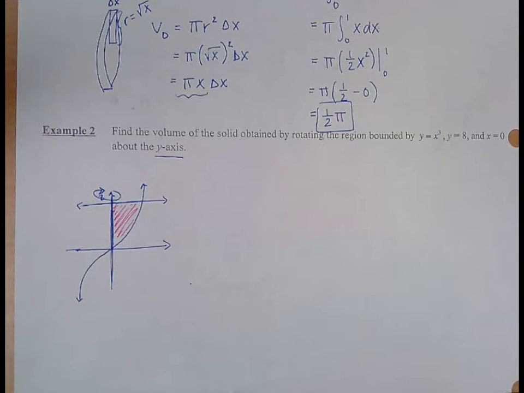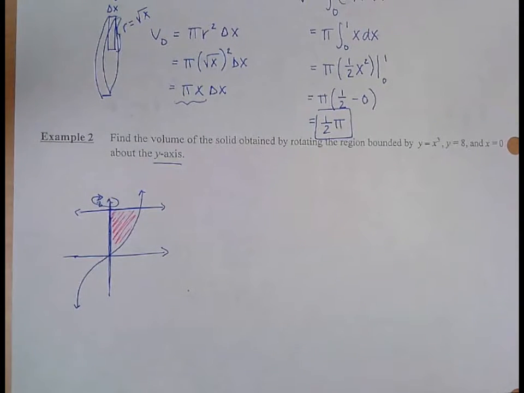So remember, between the 2 days we covered 6.1, when you're finding the area between two curves, you could have vertical rectangles, top minus bottom, or you could integrate with respect to y and do horizontal rectangles, right minus left curve. Your rectangle should always be perpendicular to the axis you're rotating around.